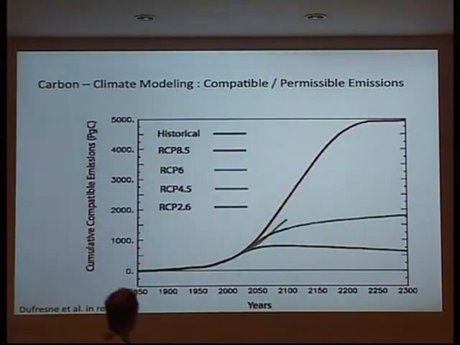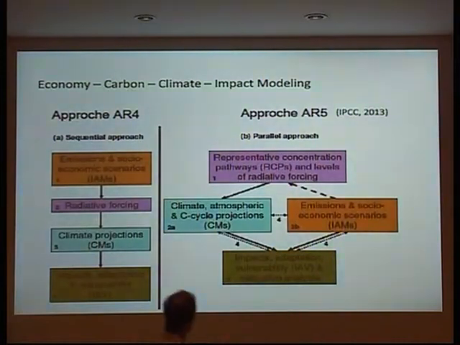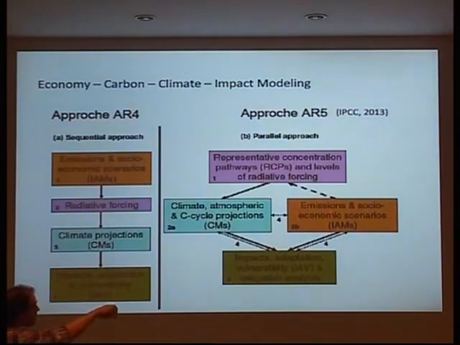So that's the cumulative compatible emissions, just the integral of the previous curves for the 4 scenarios, and you see the negative emissions here because you need to reduce the cumulative emissions in case of RCP 2.6. Basically, with these models and those scenarios, we compute the compatible emissions, and then we pass them to the economists that run integrated assessment models.